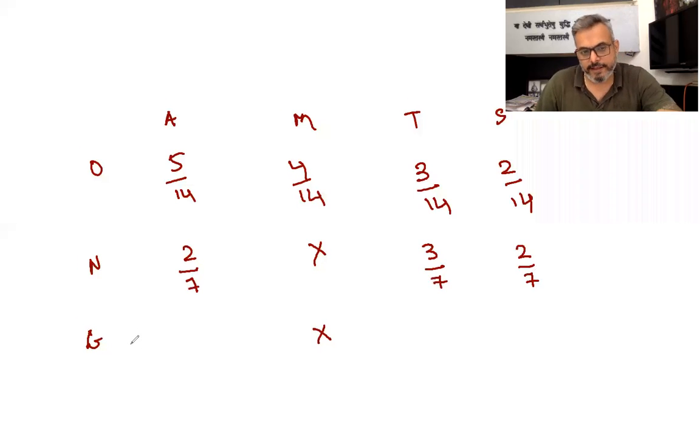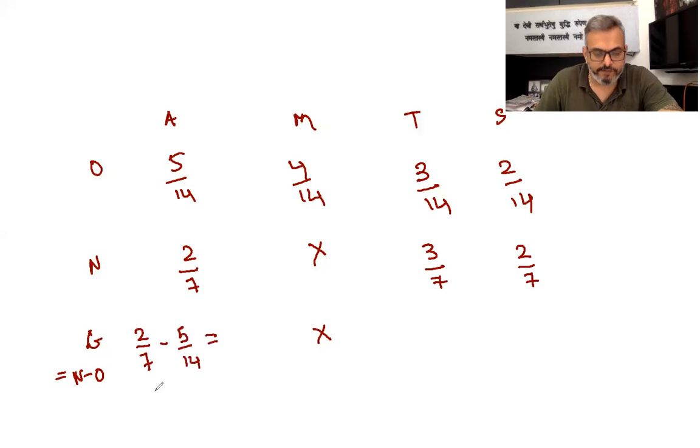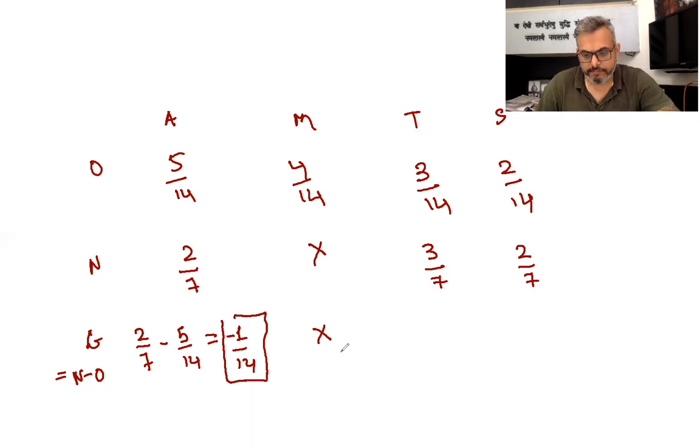Now we have to find the gain ratio. Gain ratio is new minus old. So 2 by 7 minus 5 by 14, which is equal to negative 1 by 14. Here you get negative 1 by 14. Then T, new ratio is 3 by 7 minus 3 by 14.